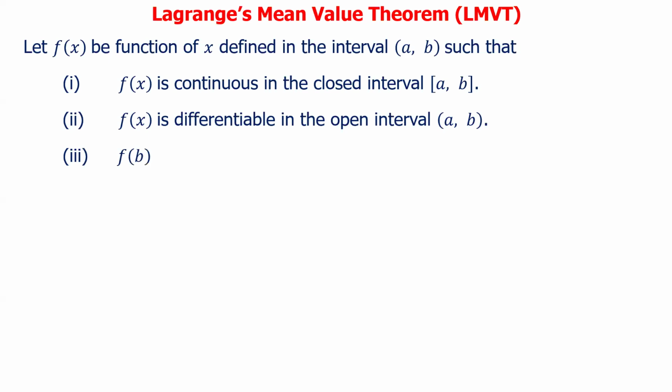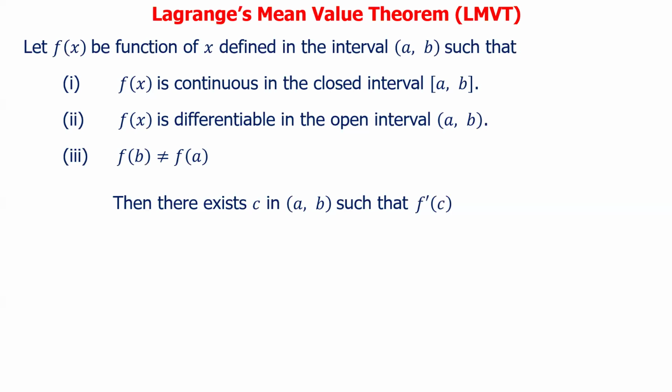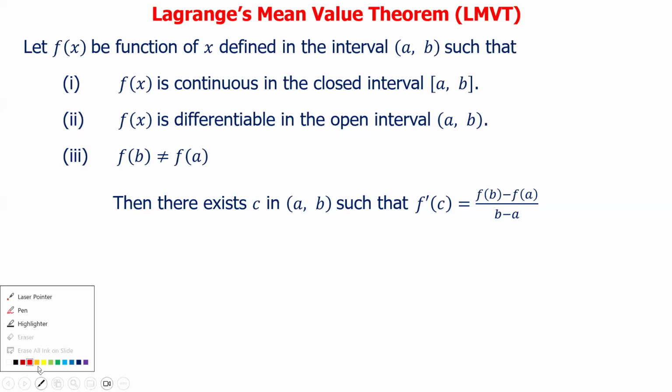And third, f(b) is not equal to f(a). Then there exists c in the open interval (a, b) such that f'(c) is equal to (f(b) minus f(a)) divided by (b minus a).